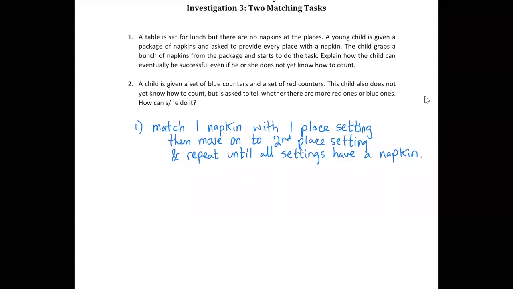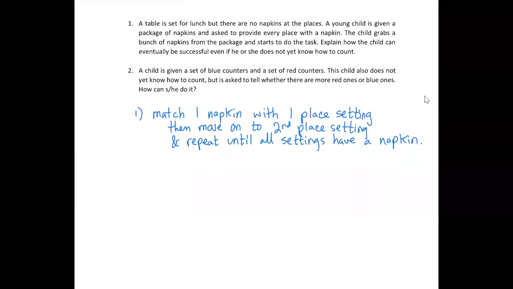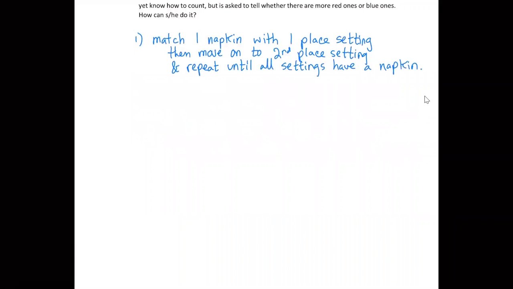They don't have to go around and say that there's 12 place settings that I have to account for, and I got to count out 12 napkins to make this happen. They are going to distribute the napkins to each setting. So what they're actually doing here, in a very commonplace sort of way, is they're learning distributive property.